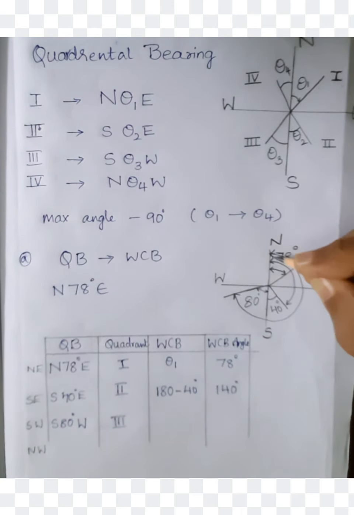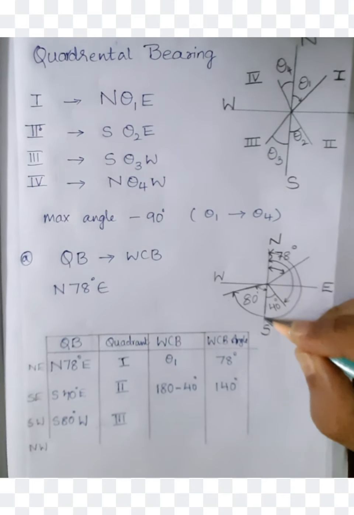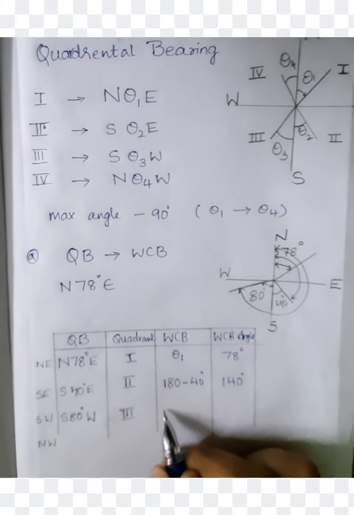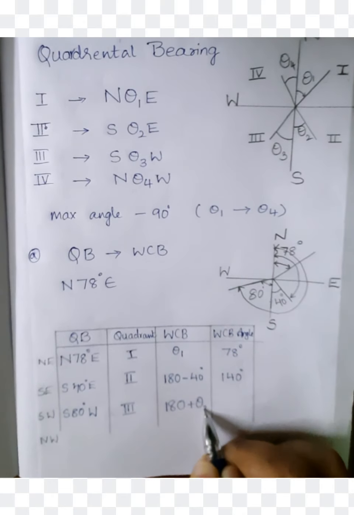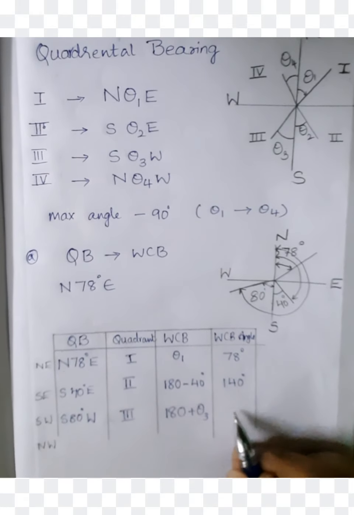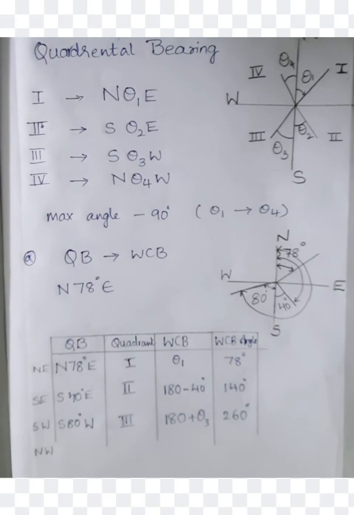So how will I get this angle? 180 plus 80. My WCB angle becomes 180 plus theta 3. So 180 plus 80 comes to 260 degrees.